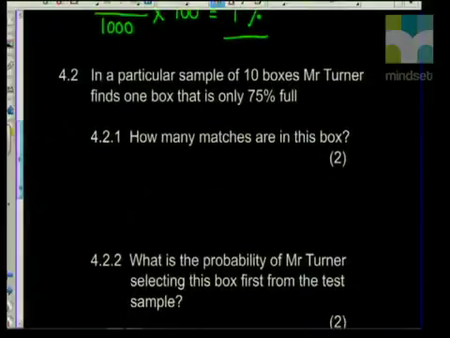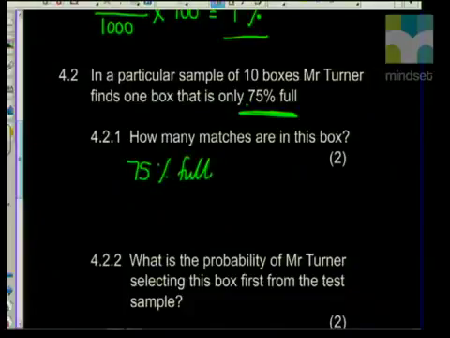Right, the next question. There's some more information given to us here. In a particular sample of 10 boxes, Mr. Turner finds one box that is 75% full. How many matches are in this box? So we now know it's 75% full.